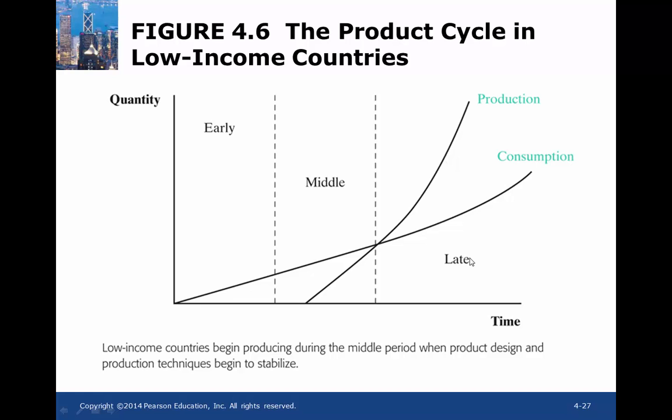In the late stage, production exceeds consumption. Even though consumption is increasing, the rate of increase in production is greater than the rate of increase in consumption. Low income countries begin producing during the middle period when product design and product techniques begin to stabilize.